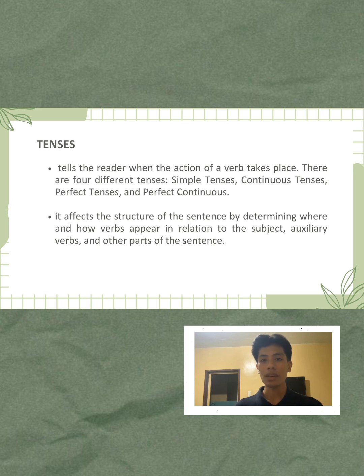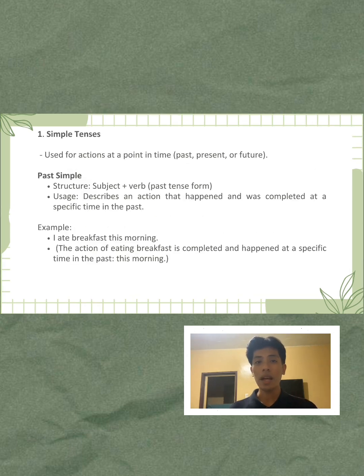Tenses affect the structure of the sentence by determining where and how verbs appear in relation to the subject, auxiliary verbs, and other parts of the sentence. Now, let's discuss the 4 different tenses, and let's start with the simple tenses.